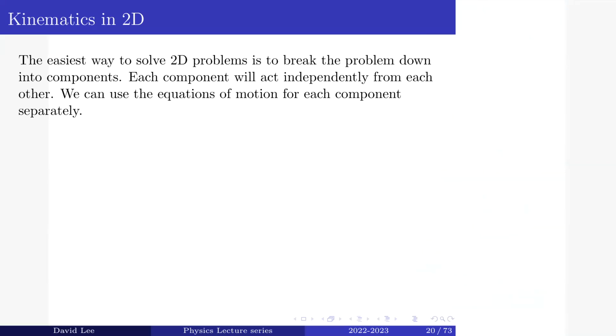So in 2 dimensions, it's actually very similar to the 1-dimensional case, except we'll have to solve a kinematics problem in each dimension. So we'll have to solve the equations in the x dimension, but we'll also need to solve the equations in the y dimension.